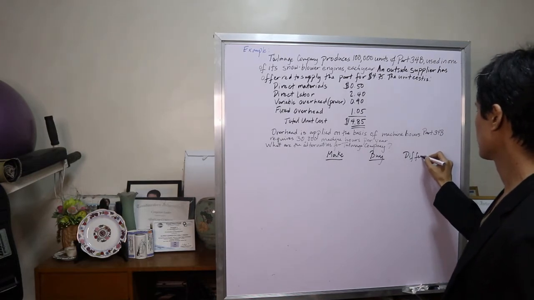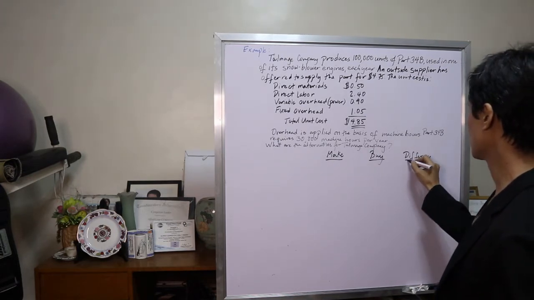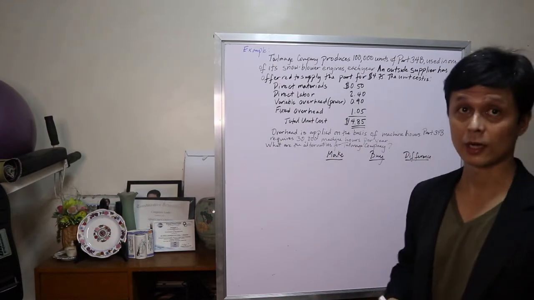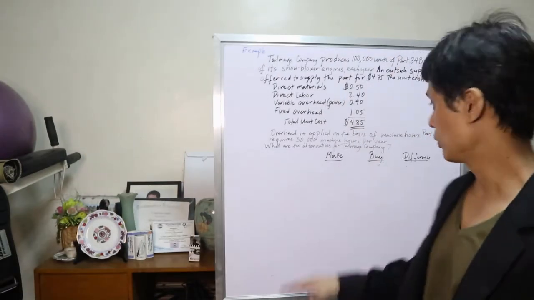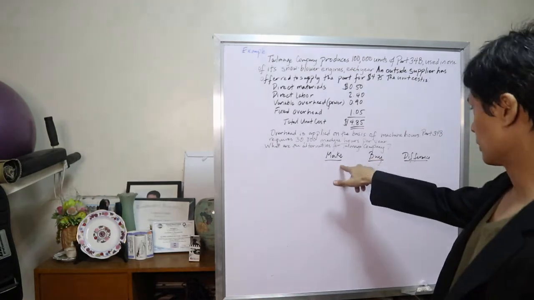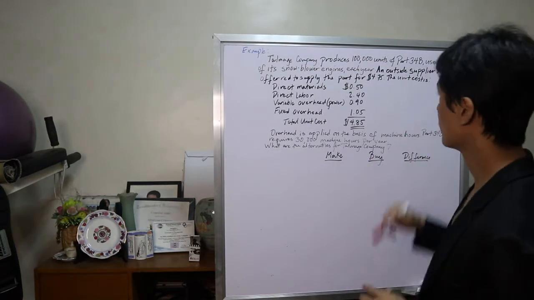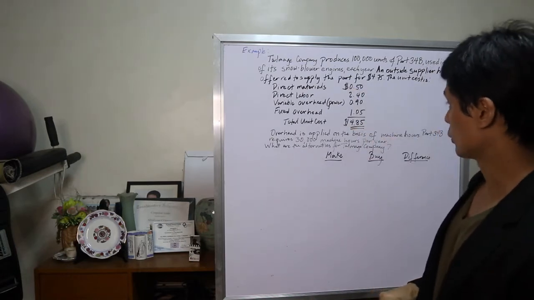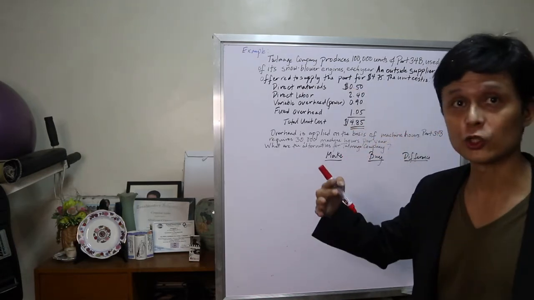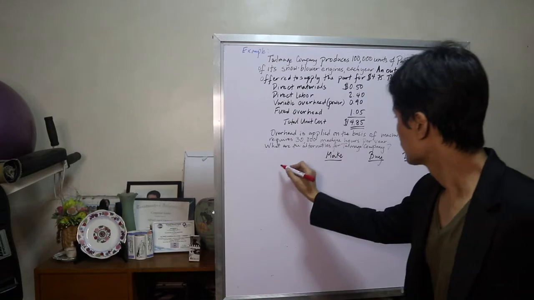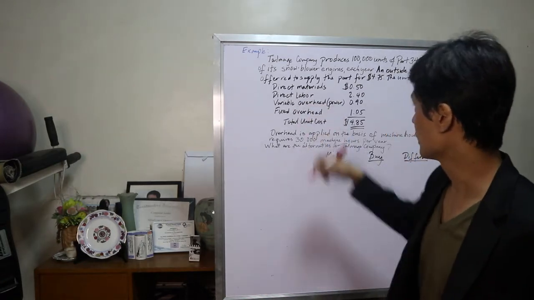Yan. So, tingnan muna natin yung mga components. So, after plotting yung heading na yan, which is make, buy, difference, gawin na natin yung mga factors na to in decision making. So this one, yung direct materials.